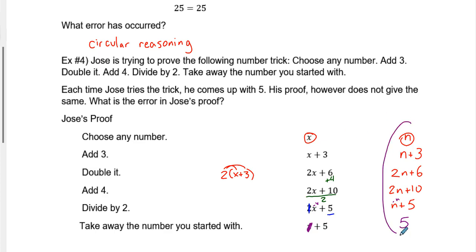So if you use the x's: x, add 3, double it, add 4, divide by 2, take away the number you started with. This is the deductive proof of Jose's number trick.